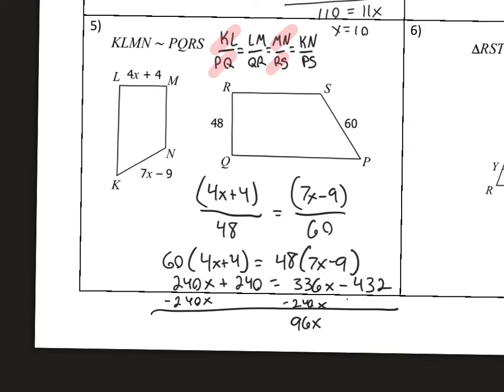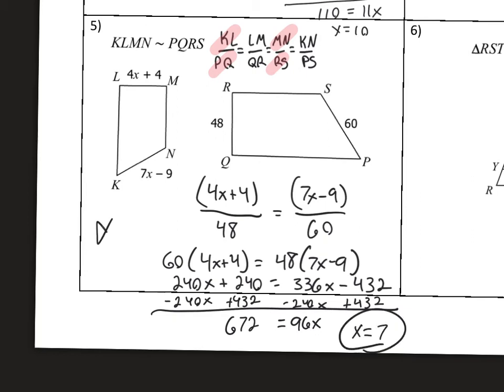And then I'll add 432 to both sides. That will put the numbers that don't have a variable on the other side. So 432 plus 240 is 672. Such big numbers. All right, 672 divided by 96 is 7. So x equals 7.